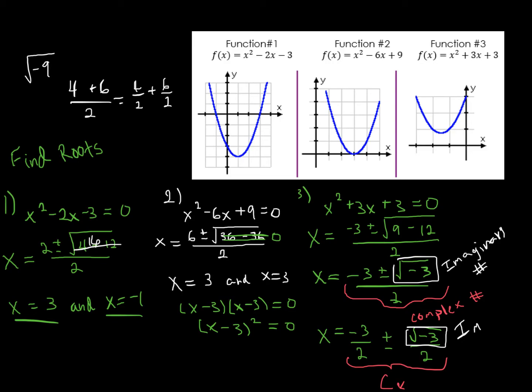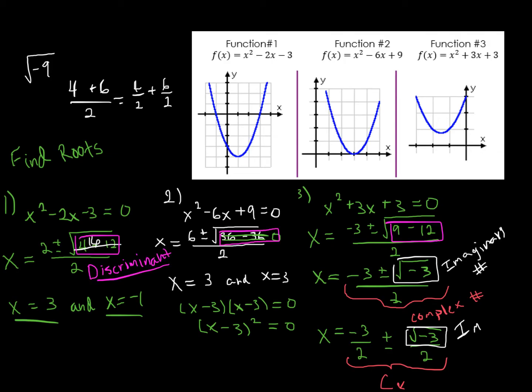Hopefully you noticed that the key to figuring out whether we were going to have two different solutions, one repeated solution, or two complex solutions, was whether we had a positive, a 0, or a negative inside of our radical, inside of the square root. And this is called the discriminant.